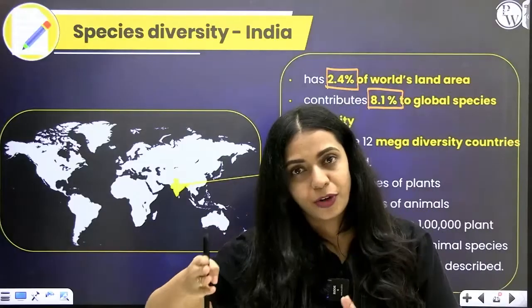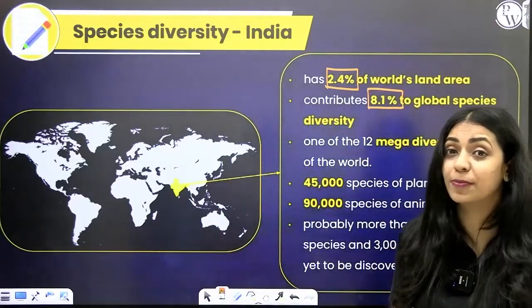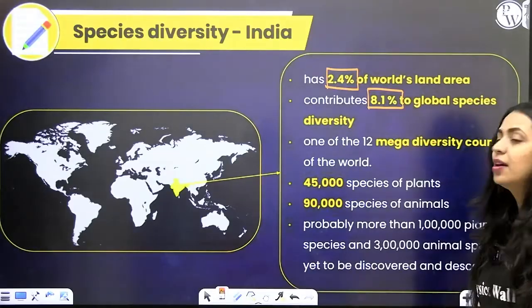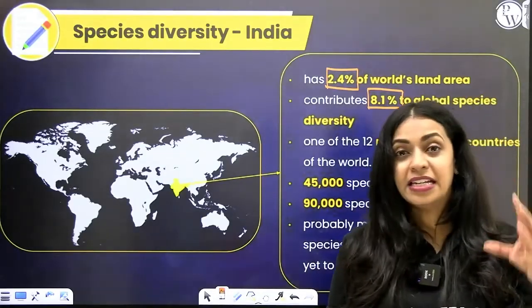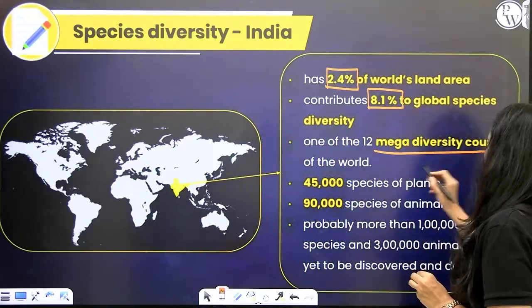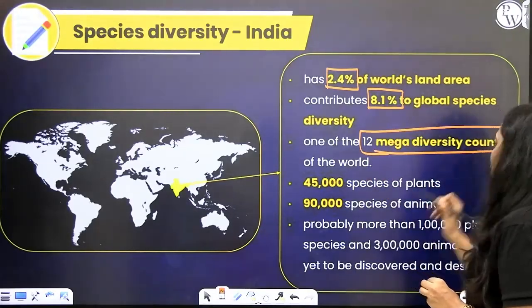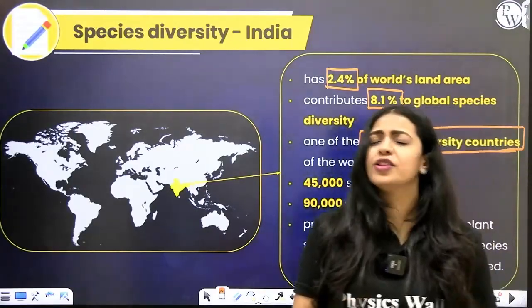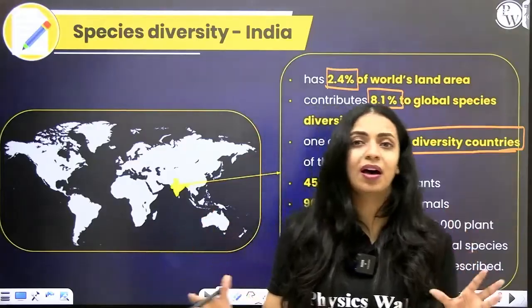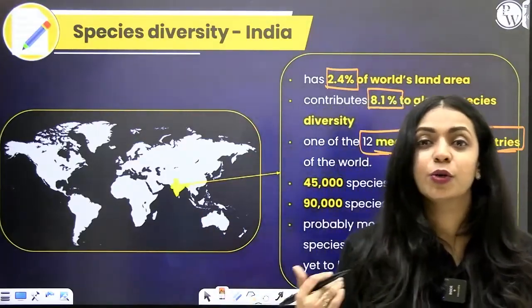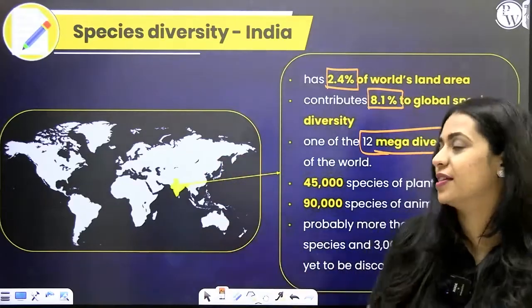Land area is just 2.4%, but the global species diversity it contributes is 8.1%, because of which India is regarded as one of the 12 mega diversity countries. What does that mean? It means that in India we find so many different species of plants and different animal groups, which is why we call it one of the 12 mega diversity countries.